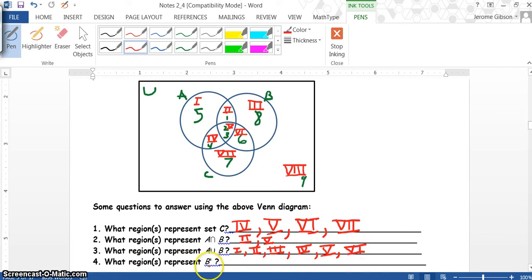Now, what regions represent the complement of B? What we need to do is get all of the regions that don't have B involved in it, which would be 1, 4, 7, and 8.